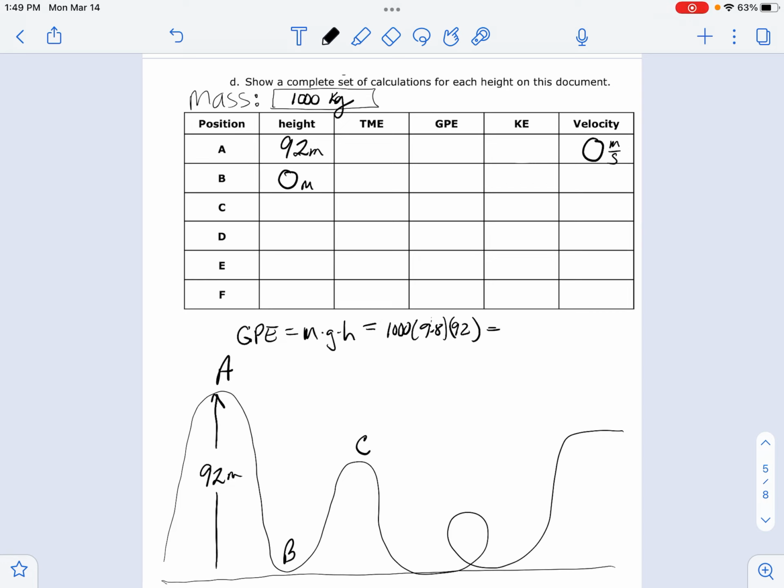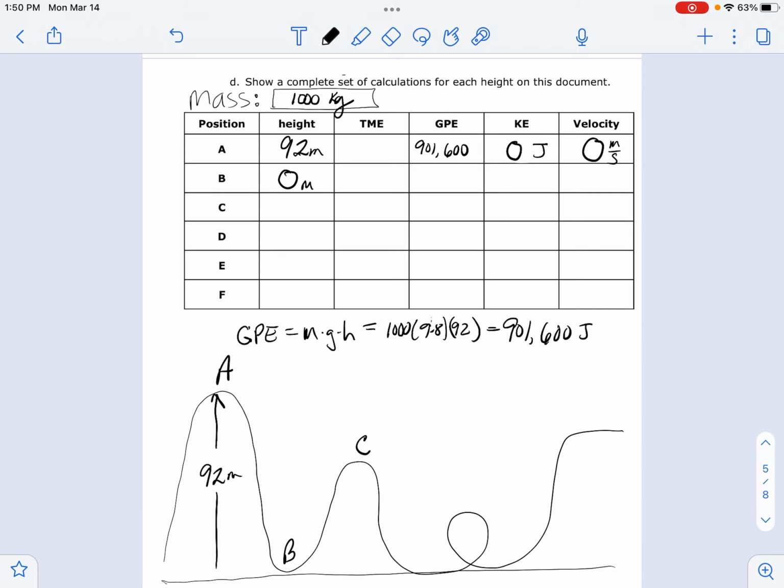Okay, so I'll put in 92 for my height. I'm going to go ahead and type that in: 1,000 times 9.8 times 92. And I get a big number, 901,600 joules. Since my velocity is 0, I know that my kinetic energy is 0, because kinetic energy is the energy due to motion.